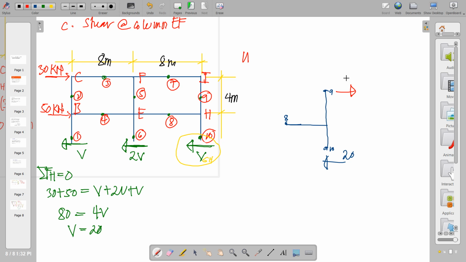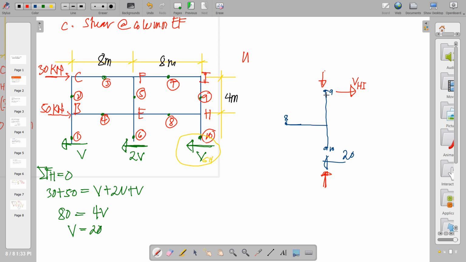The shear force on 9 shall be labeled as the shear on HI. Then of course there will be a corresponding axial force on that. By the way, the directions of the arrows are just assumed.